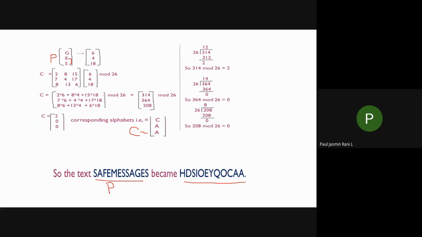From where will you get the ciphertext? From encryption you got your ciphertext. With this ciphertext, just as you did for the plain text, first you have to divide it into groups of 3. So the first ciphertext is HDS.